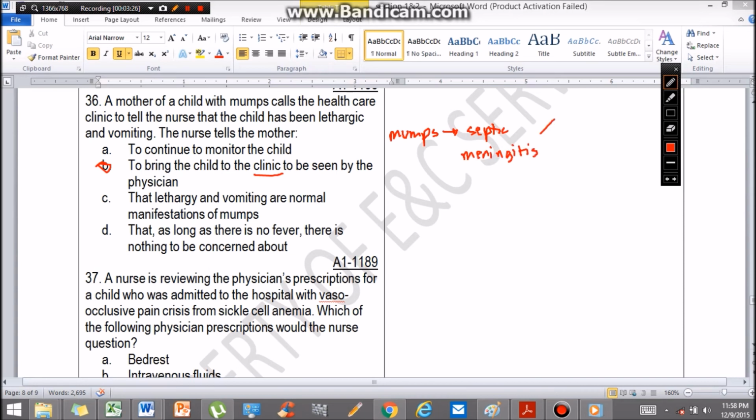And aseptic meningitis is manifested by lethargy, vomiting, and nuchal rigidity. So, presence of this may indicate developing aseptic meningitis. You need to bring the child to the hospital for evaluation.